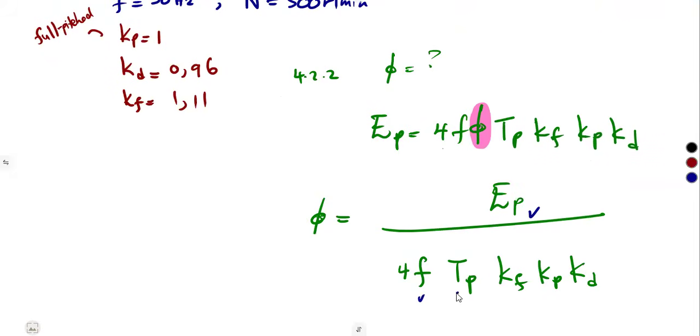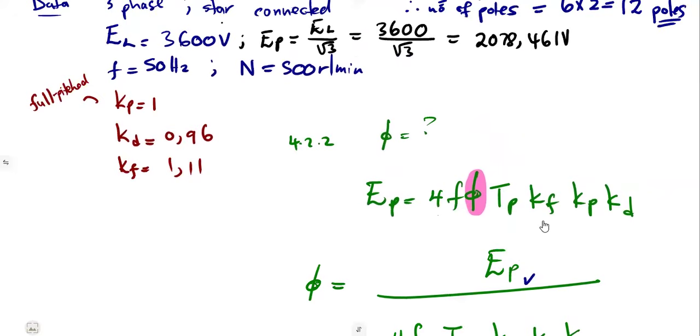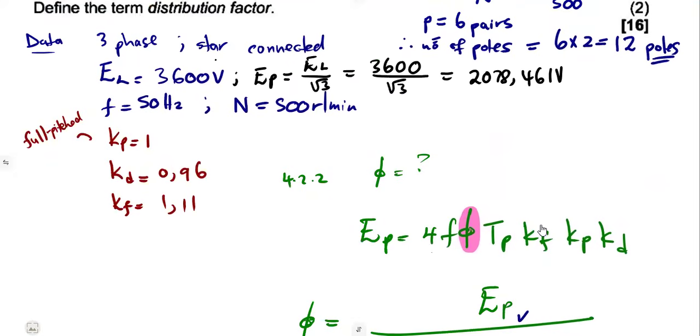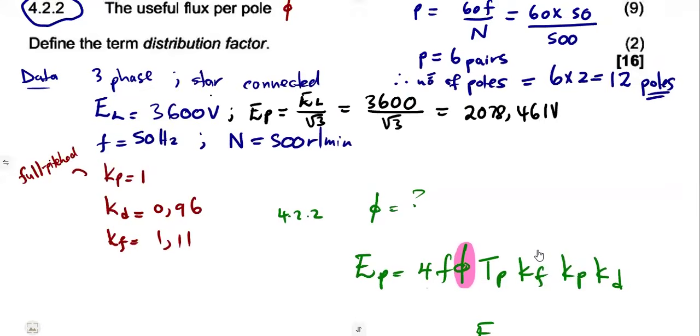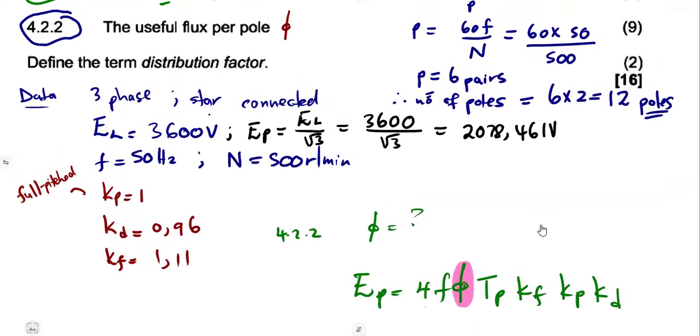TP, are we having TP in this case, from the information that we are given? TP we do not have. So we're going to be forced to calculate that TP. That is the part that is going to carry all these marks, the calculation of that TP.